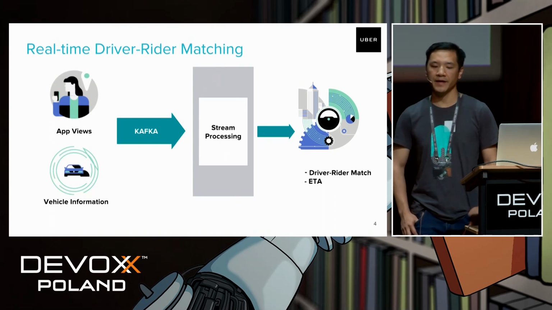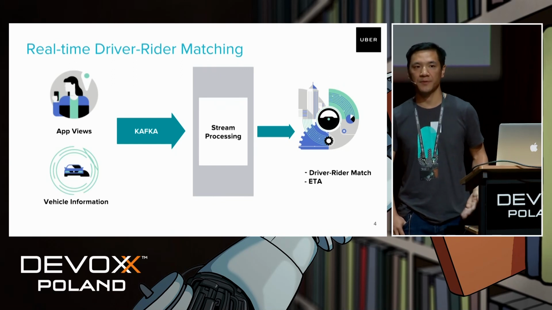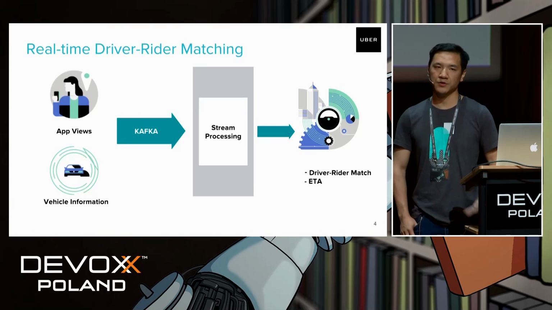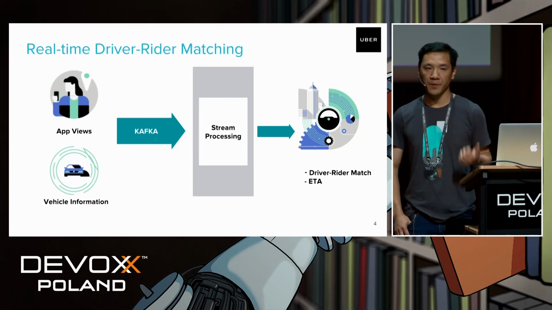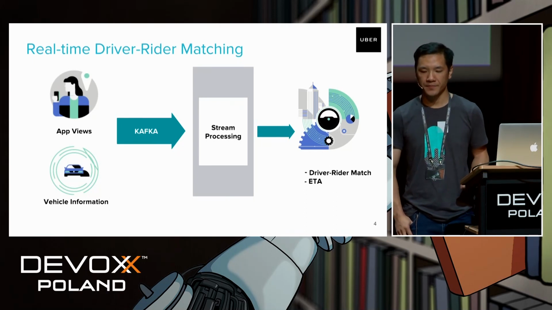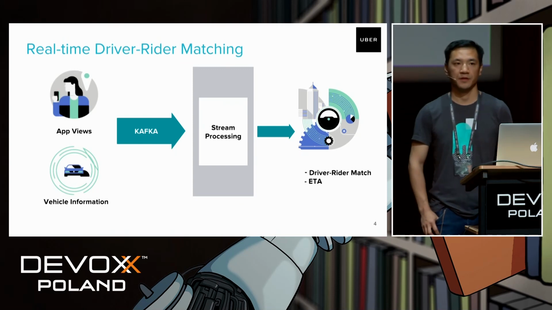On the other end, we have the driver app that's sending the supply data to the downstream system as well via Kafka. With both demand and supply data, the downstream system will do the driver-rider match.